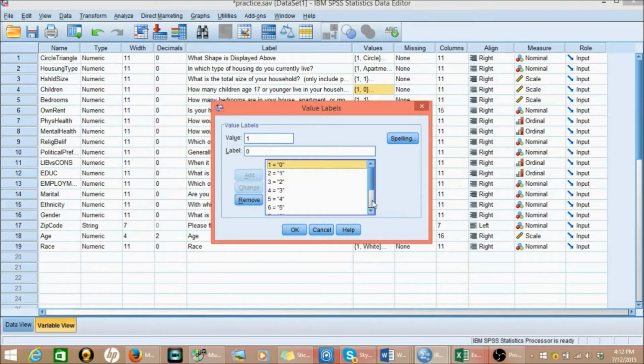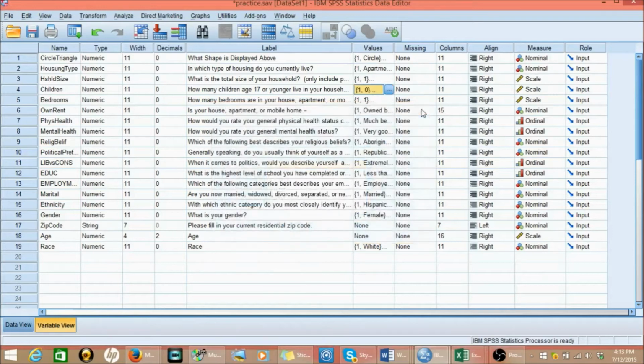It's very interesting numbering. So if somebody has 0 children, then their value is actually 1. That's important. A lot of people do have 0 children at home. Talk about a very meaningful 0.